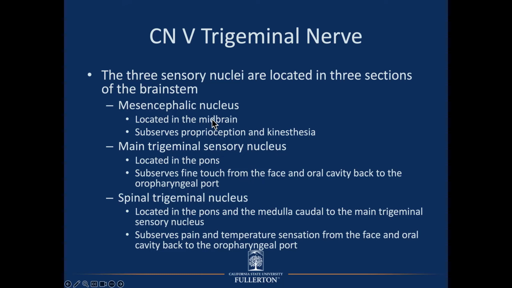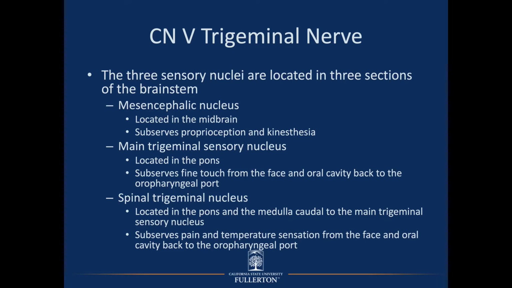So I've given the location, the midbrain for the first, the pons for the second, and then the functional distinction. And the spinal trigeminal is located a little bit in the pons, but extends all the way down through the medulla, and it subserves pain and temperature sensation.